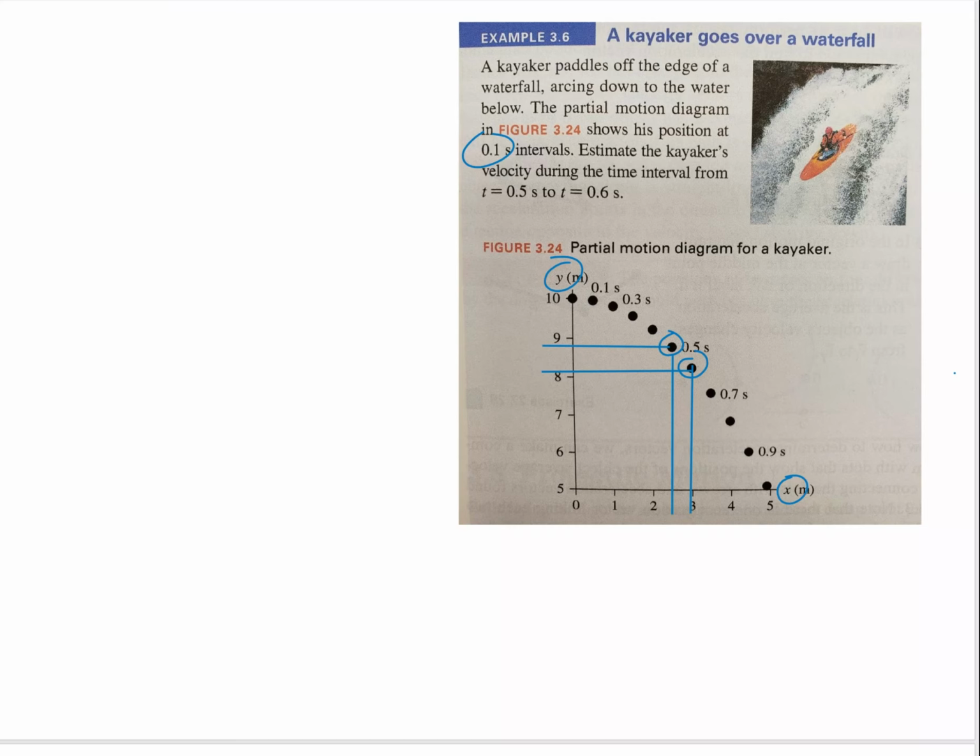So if we're estimating the kayaker's velocity, that's the question, right? Estimate the kayaker's velocity. Where is the velocity vector? You don't know? If I told you to draw the kayaker's velocity vector right now, where would you draw it? You draw it between the two dots, if I connect the dots.